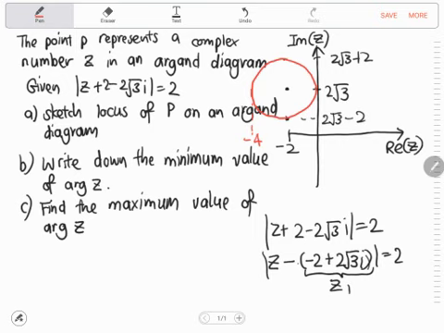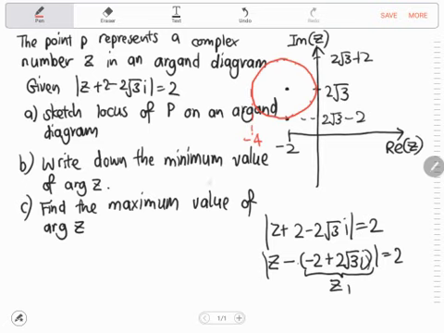This is a circle of radius 2 centered at this point, minus 2 plus 2 root 3i. That's the locus of P. So P can be anywhere on the circumference, because anywhere on the perimeter of the circle is a distance of 2 away from the center, which satisfies what the equation is saying. Every point on this circle satisfies that clue.